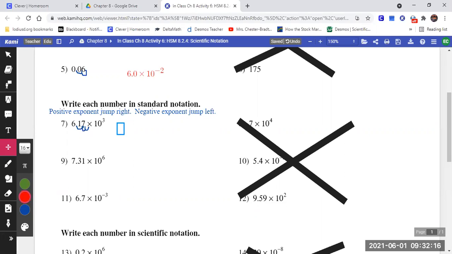What number do we stick in place of spots? What number holds things for us? So 6, 1, 7, what would I put? Because I have to show I did 3 jumps. So what number was there after the 7, even though we didn't see it?